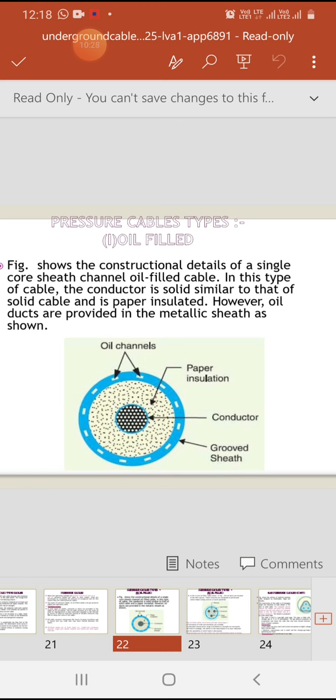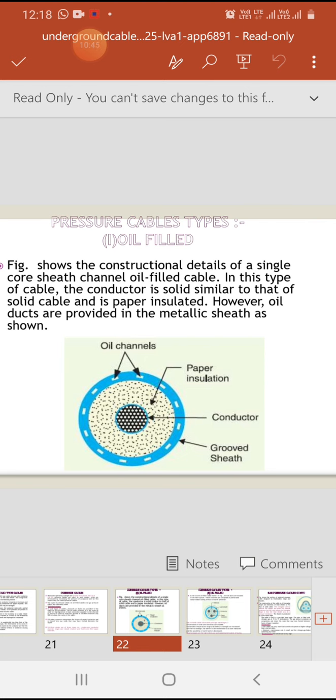The main disadvantage of this type of cable is that the channel is at the middle of the cable and is at full voltage with respect to earth, so that a very complicated system of joints is necessary there.